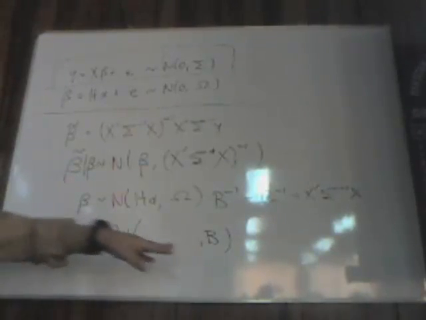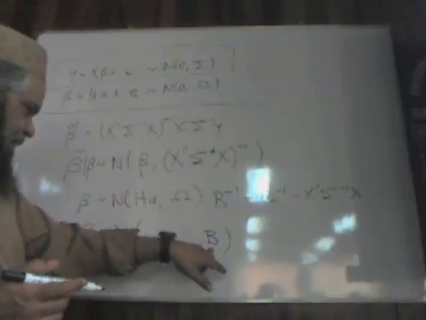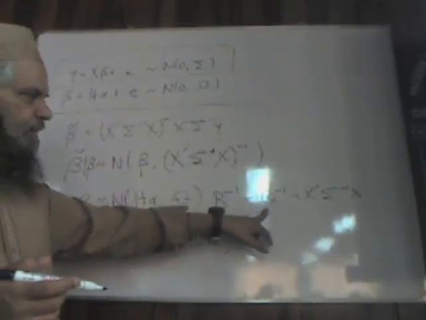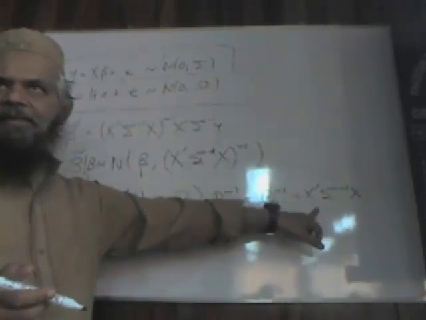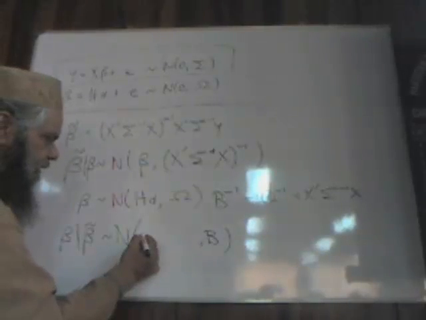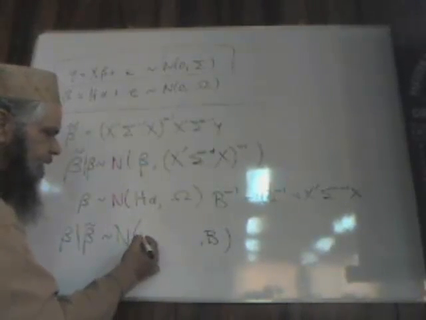All right. So B inverse is omega inverse plus x transpose sigma inverse x, which basically means that the posterior precision is the sum of the prior precision and the data precision. The other part is that this has to be multiplied by the sum of the precisions.